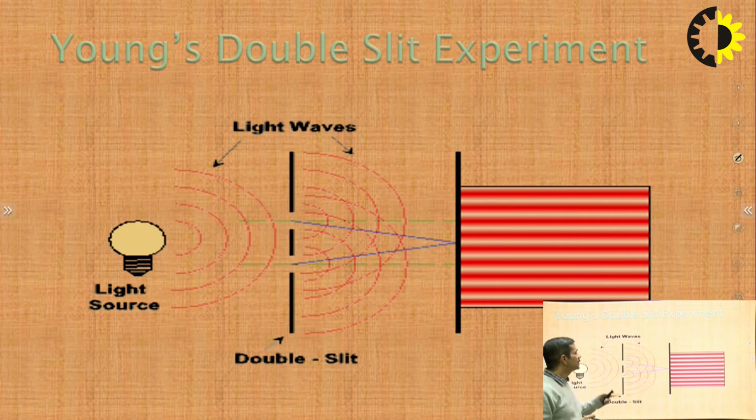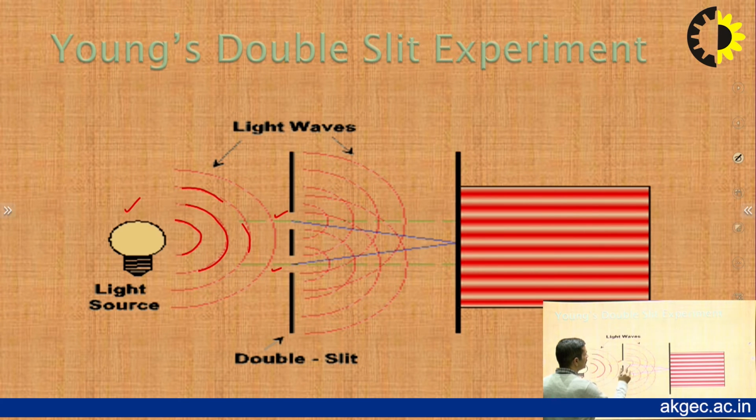Here you can see this picture. In this picture, see how a wavefront is divided into two wavefronts. We can divide a single wavefront here. This is the light source, and these circles, semicircles here, show the wavefront of this incident light source. When this wavefront reaches these slits, this single wavefront is divided into two wavefronts. So here we will have two virtual light sources basically. You can see S1 and S2.